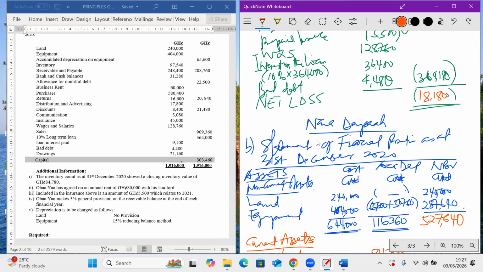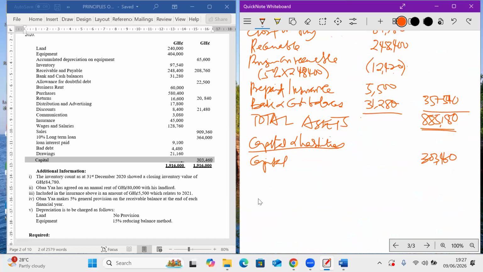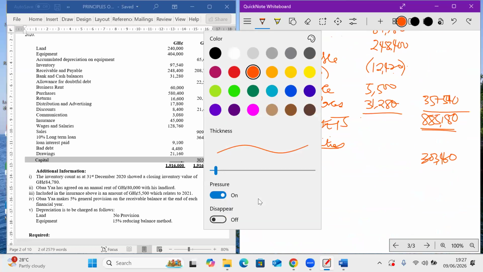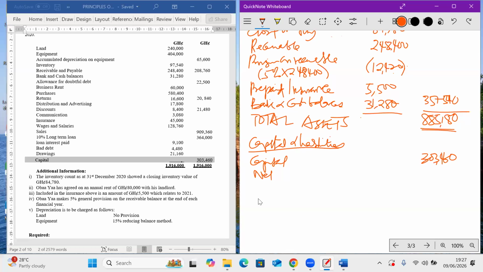Yes. So you bring it to the capital. It's a loss, so you write the same thing here. Net loss, 18,180.